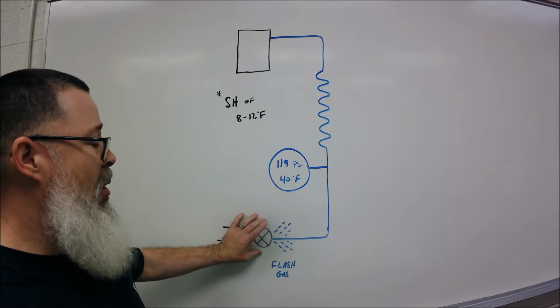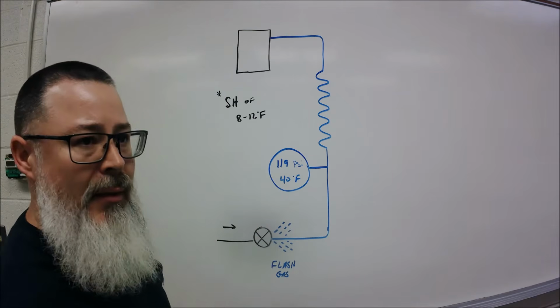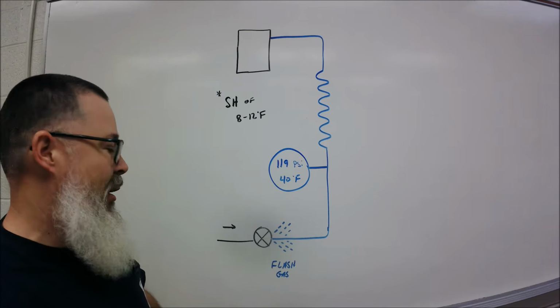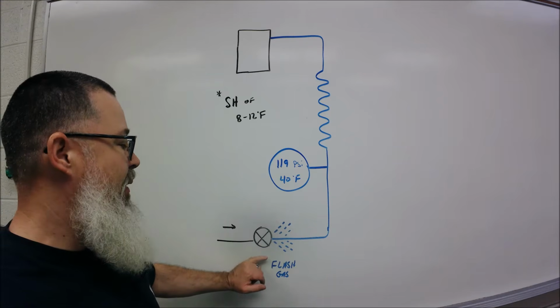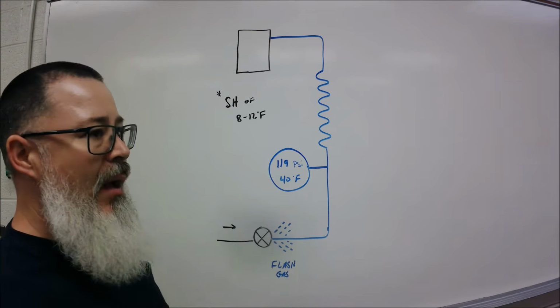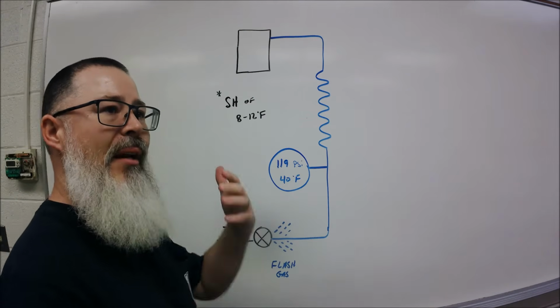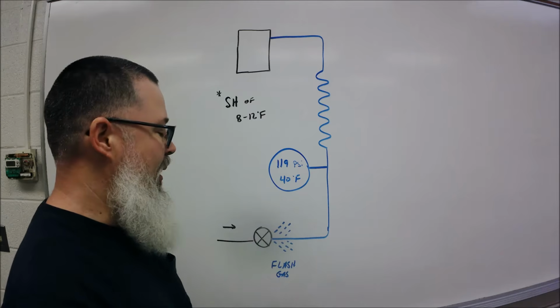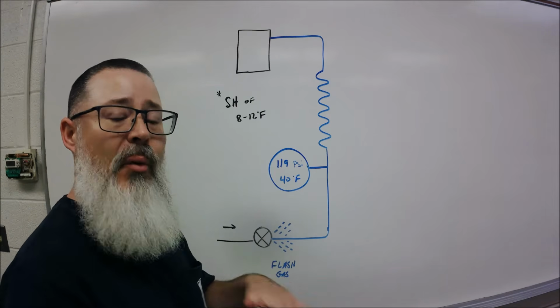And where the low side begins, we have this little phenomenon called flashing, or flash gas. When you have a very warm liquid refrigerant going in and it goes through that pressure drop, it comes out at a lower pressure and a different saturation point on the other side.